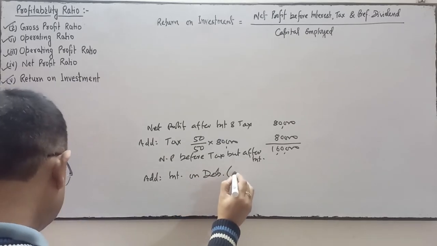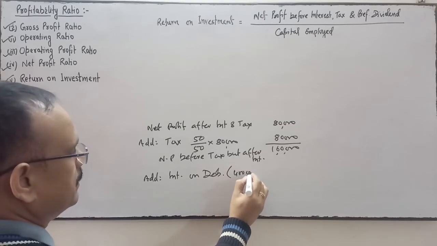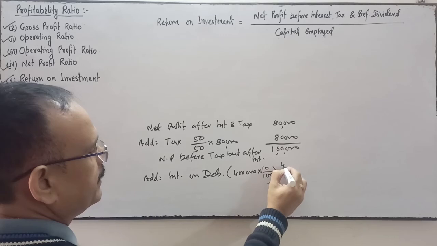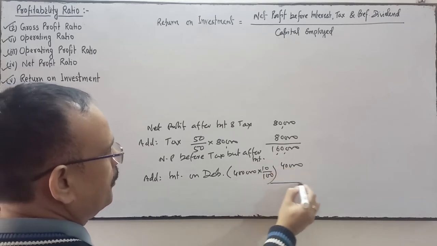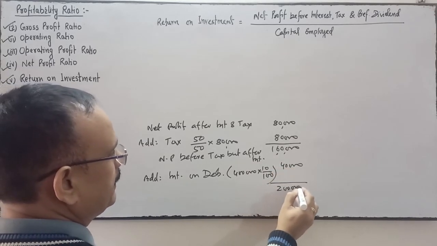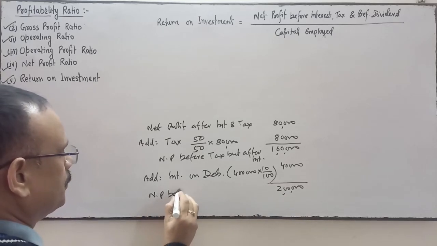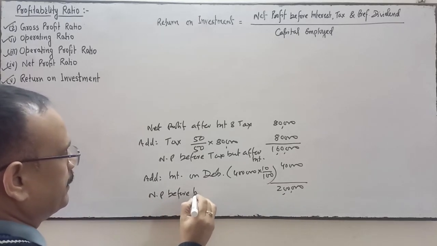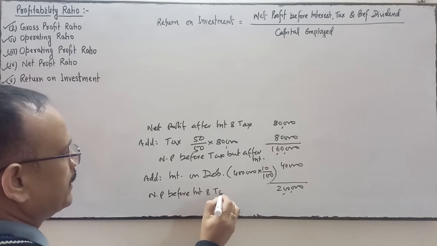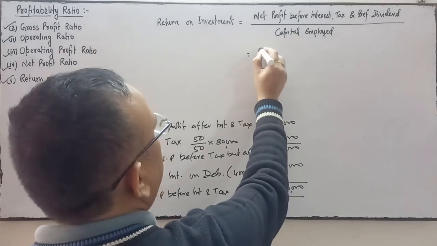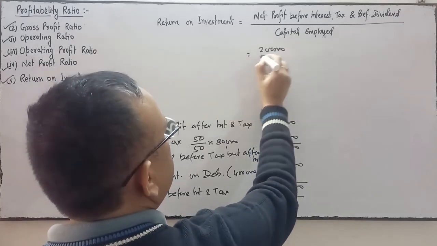Debenture is 4 lakhs into rate of interest 10%, so 40,000. So net profit before interest and tax is 2 lakhs. So write the 2 lakhs over here, net profit before interest and tax.